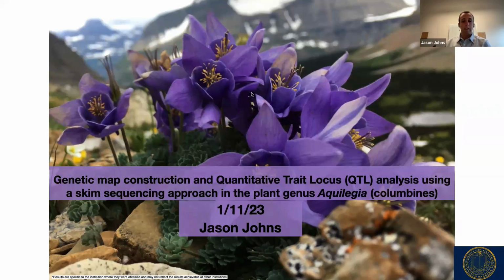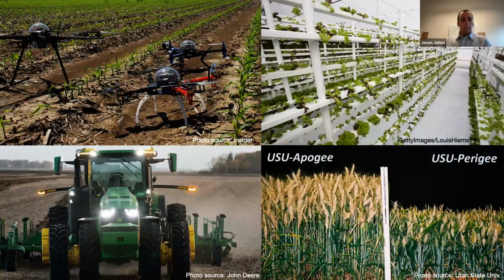Before I get into the details of why and how we made a genetic map and did a QTL analysis, I'd like to briefly contextualize my research. Most projections anticipate that we'll have about 10 billion mouths to feed by 2050.